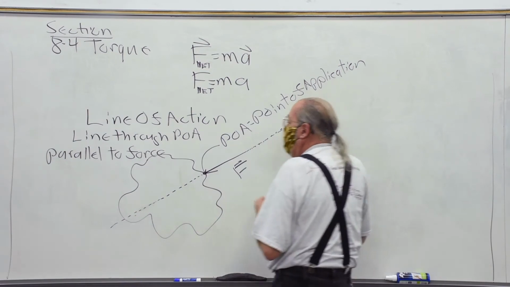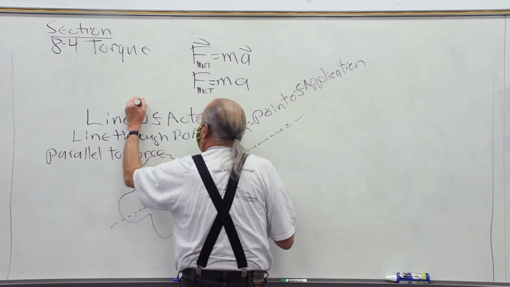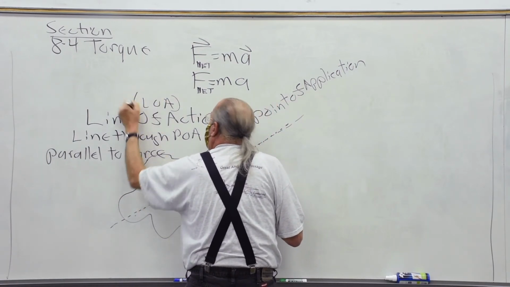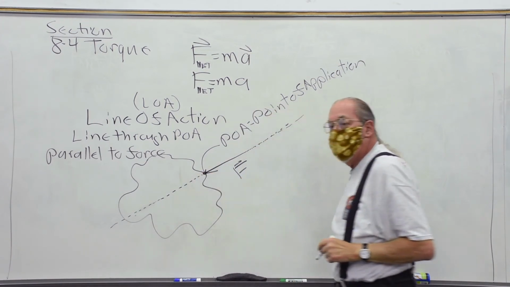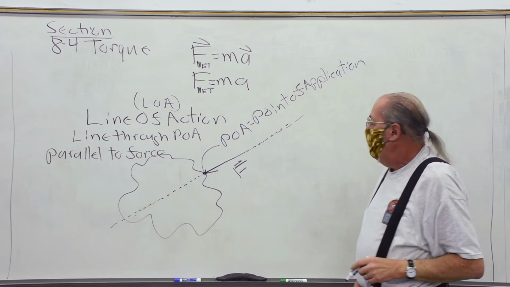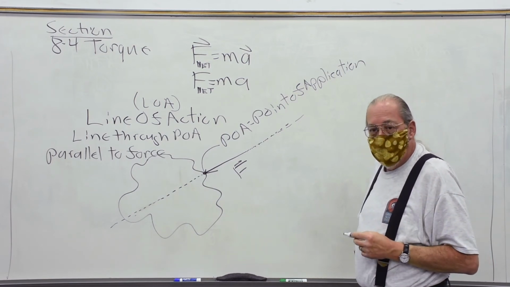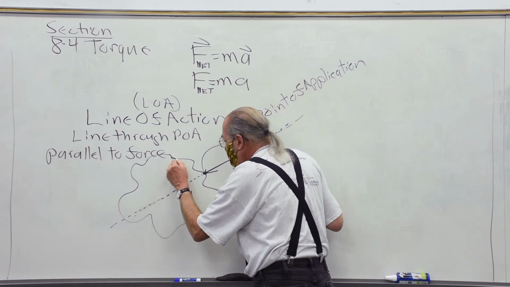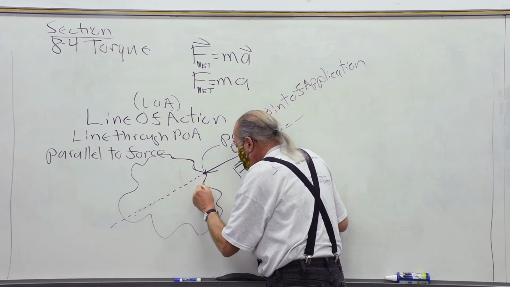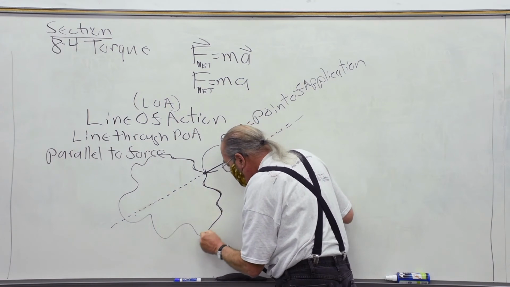So, we introduce the line of action, the LOA. And we introduce the point of application. Now, you'll start to get an idea for this. Suppose this is a piece of metal. An irregular piece. Now we're just going to do sheet metal for the moment.